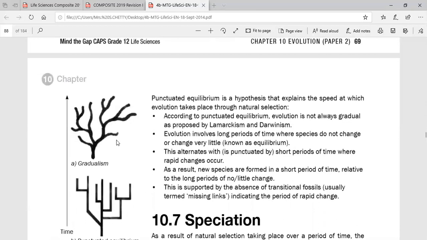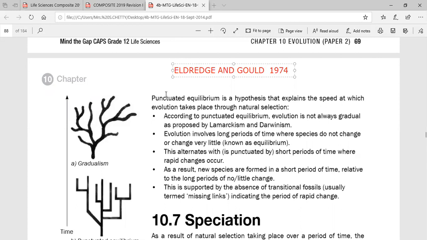So along came these guys here, Eldredge and Gould. Let me just write it out. Eldredge and Gould, very recent, 1974, they came up with the idea of punctuated equilibrium.